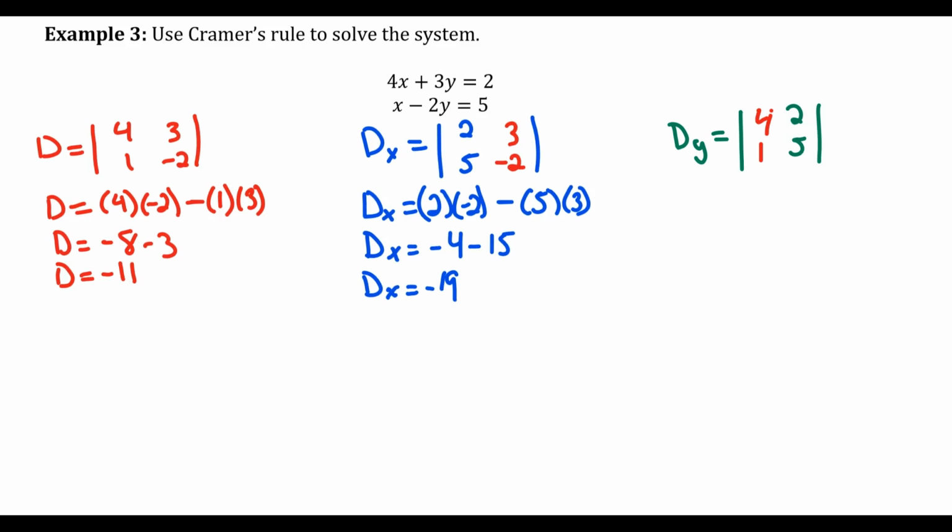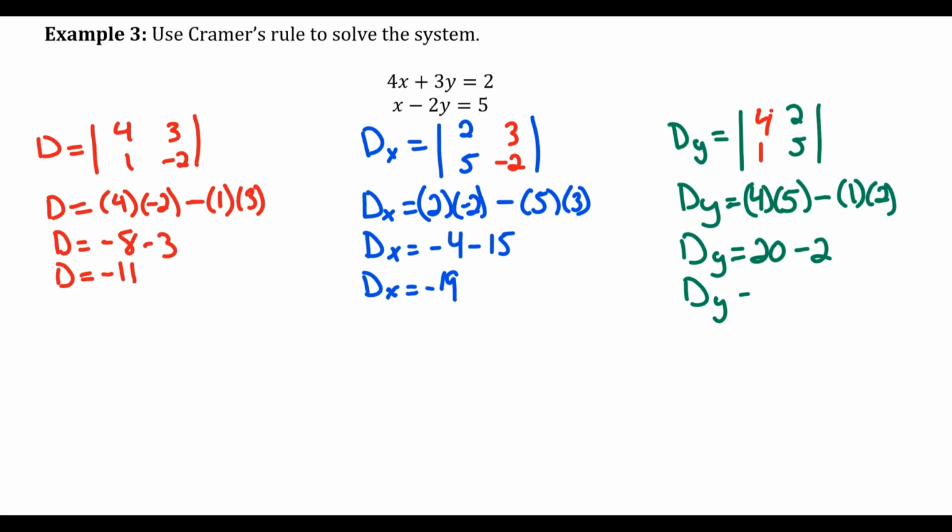So notice the 2 and the 5 are going to go in the first column for D sub x and in the second column for D sub y. So now I have 4 times 5 minus a 1 times a 2. D sub y is equal to 20 minus 2, so D sub y is equal to 18.